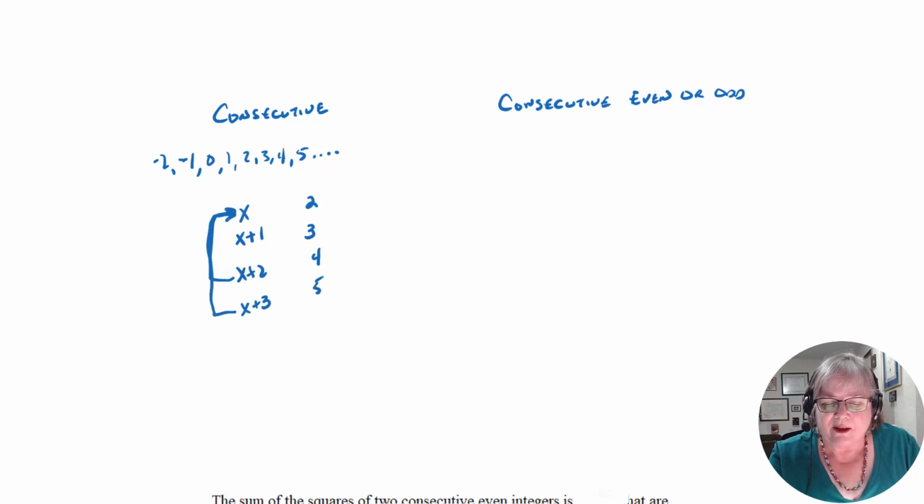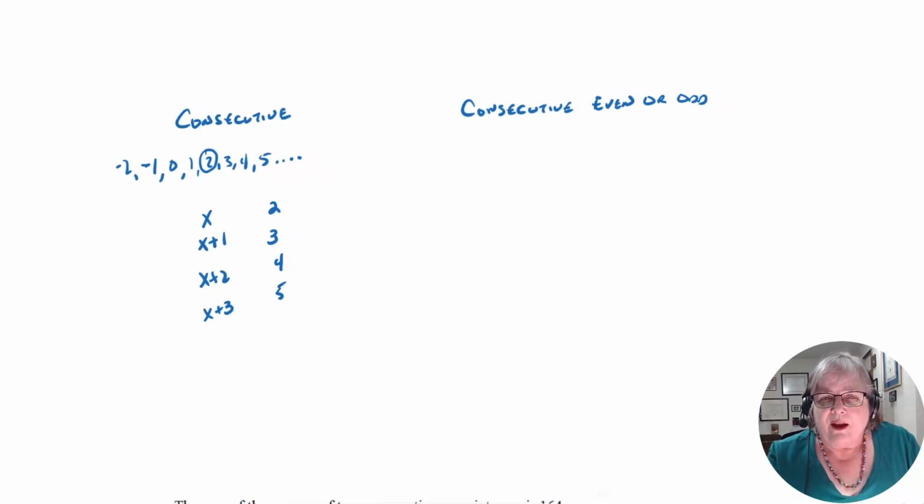So do you see how each one of these consecutive numbers is one more than the previous one? So the first one's x, next one's 1 more, next one's 2 more, next one's 3 more from the original number, okay? And if they wanted 6 consecutive numbers, you would keep going until you got to 6 listed.